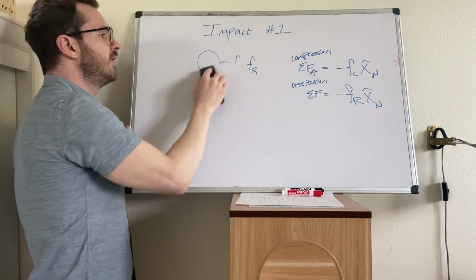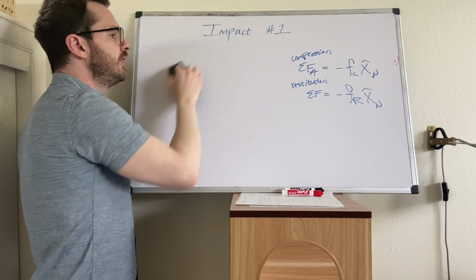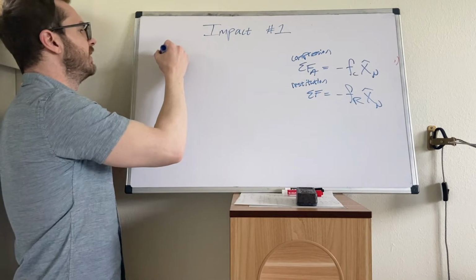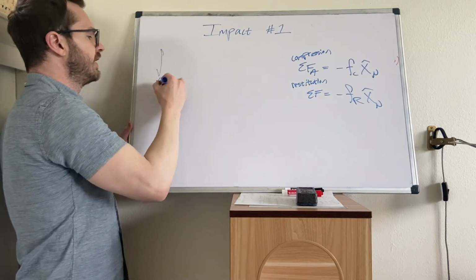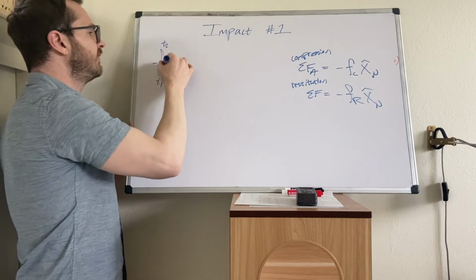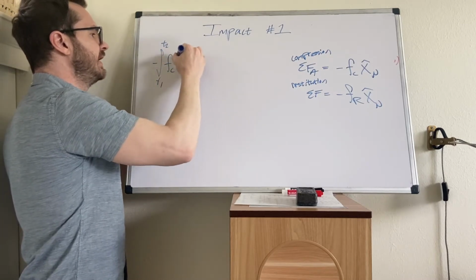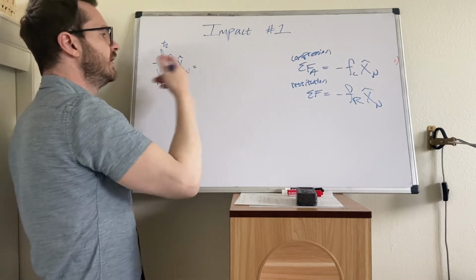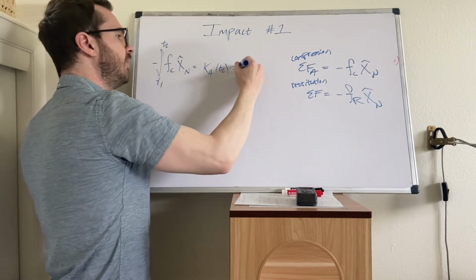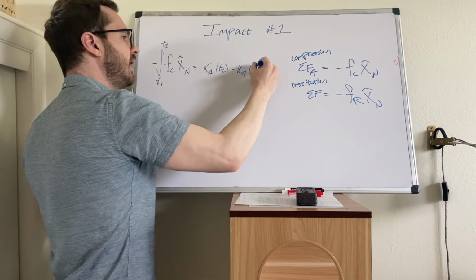Well, remember that we took them and put them into Newton's second law and then we integrated them. What we end up with is the integral from T1 to T2 of minus FC x hat n, and this will be Ka at time 2 minus Ka at time 1.